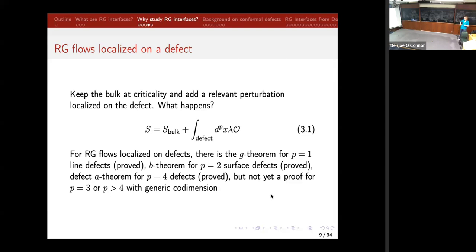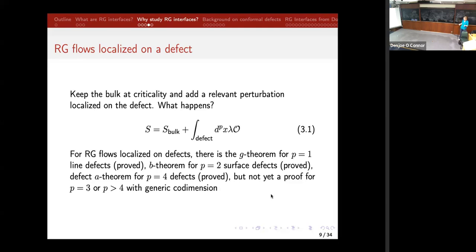And when it comes to defects, well, I should also say there's a difference between even and odd dimensional RG monotones, because in even dimensions you'll have a Weyl anomaly. So in D equals 4, the coefficient of the Weyl anomaly is what captures this RG monotone.